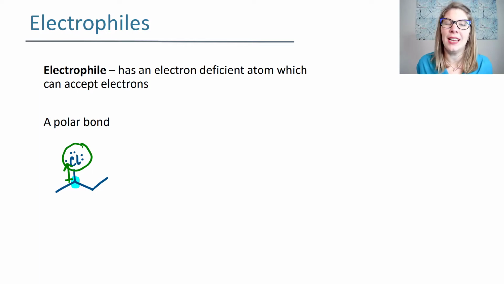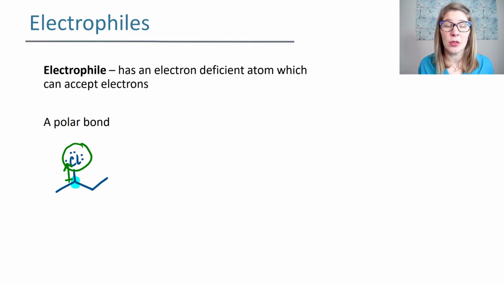That carbon is now going to be electron deficient. And because that carbon is electron deficient, that makes that carbon an electrophilic center. Right? The chlorine itself has lone pairs, and so those lone pairs could behave as a nucleophile, but the fact that the chlorine is pulling electron density away from the carbon is making the carbon an electrophile.